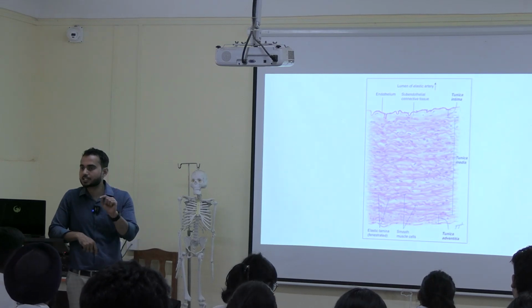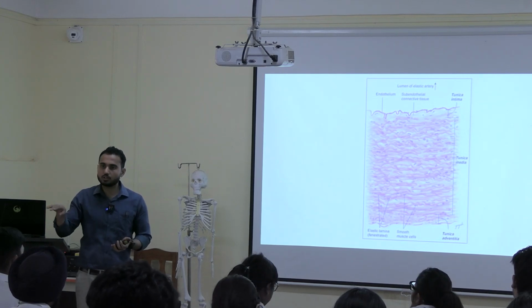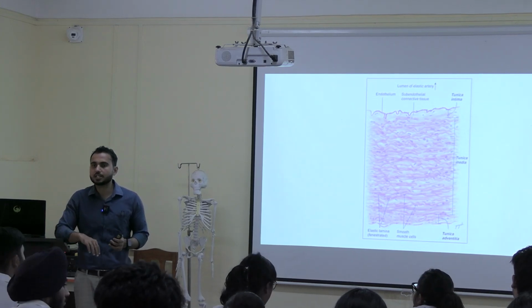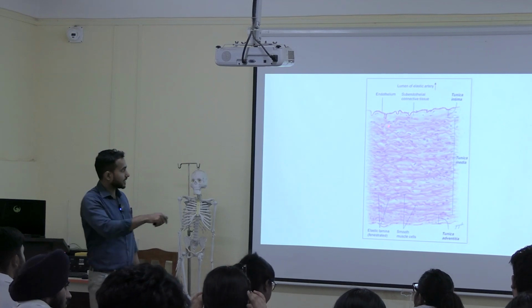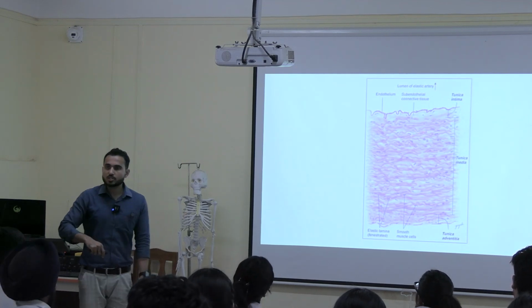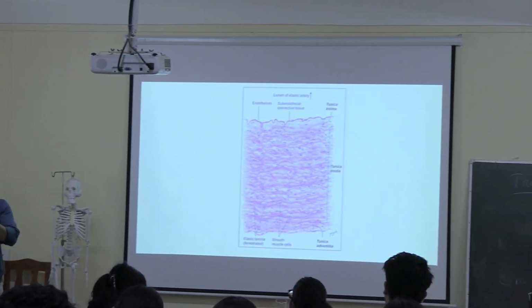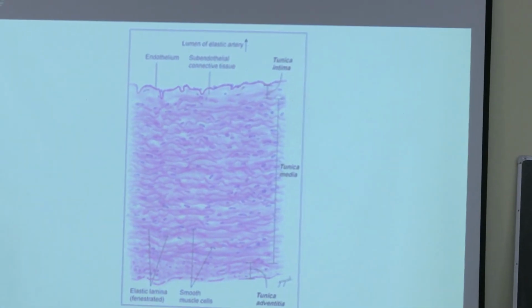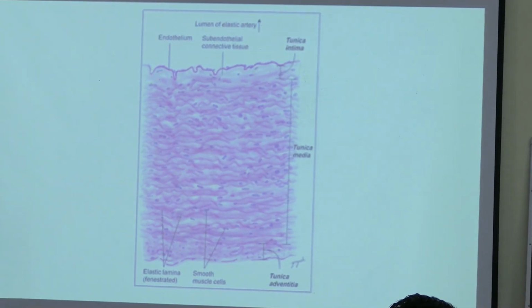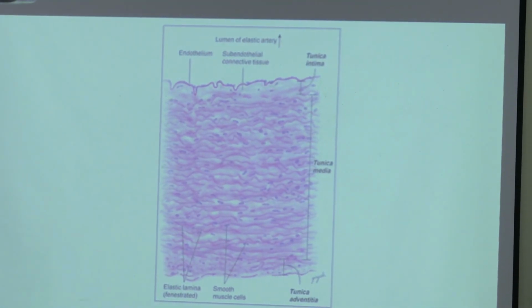Wherever the nucleus can be seen, this is nothing but the smooth muscle fibers. And when longitudinal lines are seen, these are nothing but the elastic fibers. So here the number of elastic fibers is more as compared to the smooth muscle fibers. And you can see the thickness of the tunica media, it is the thickest.